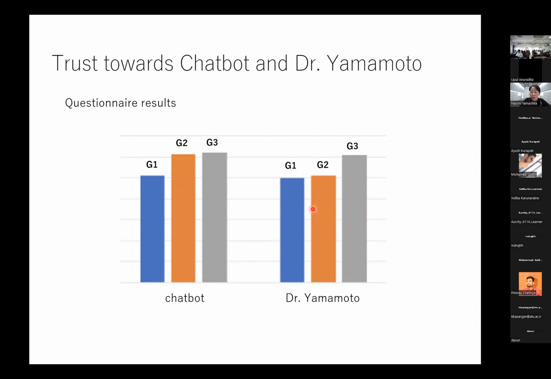And as you can see here, this part is kind of interesting: participants seem to feel that Dr. Yamamoto is more trustworthy when the chatbot shared good stories about him during the 3 weeks.